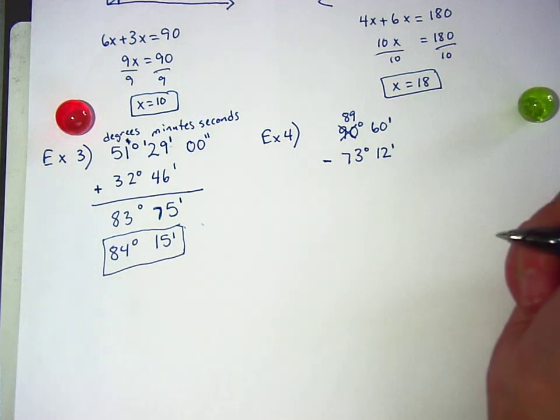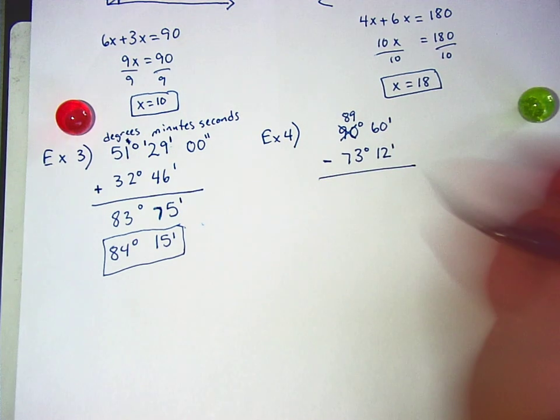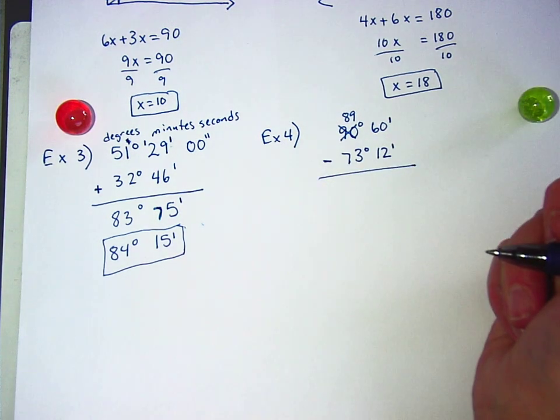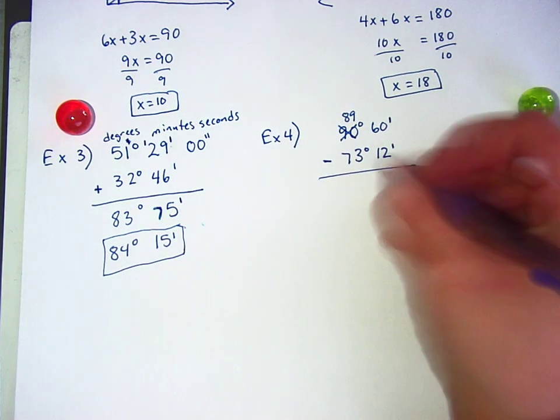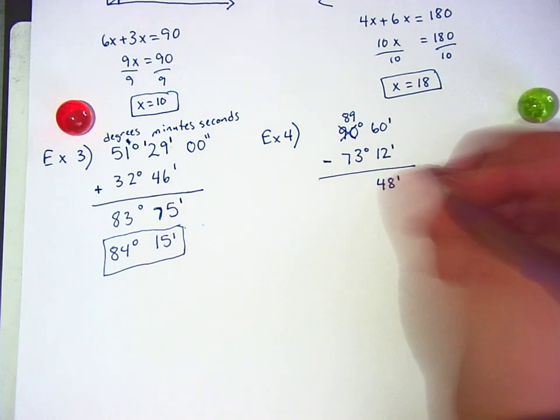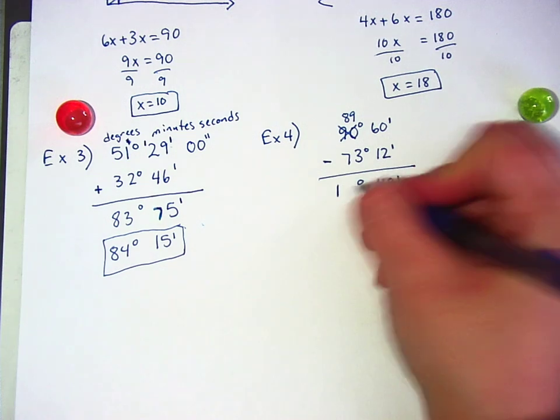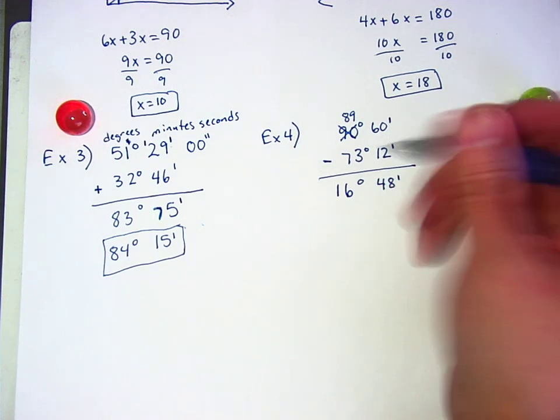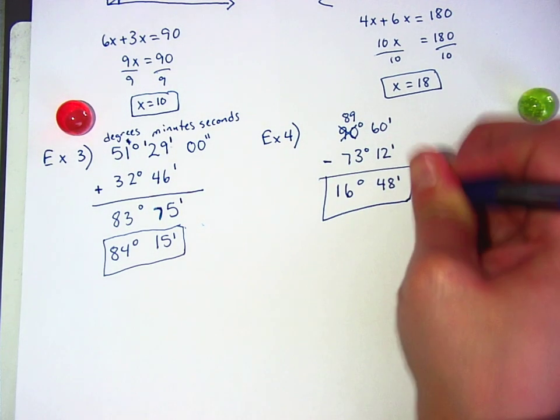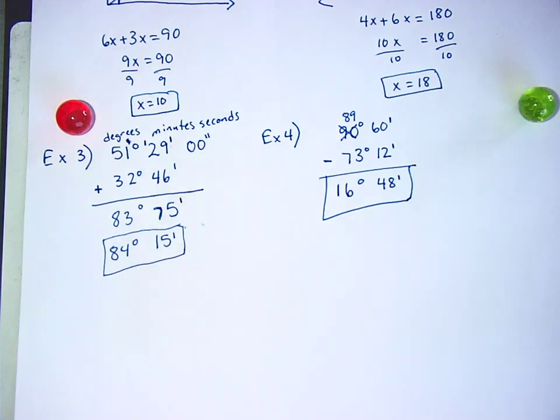So then 60 minus 12 is what? 48. And 89 minus 73 is 16. Everybody feel comfortable with this? You can always borrow 60 seconds. You can borrow a minute.